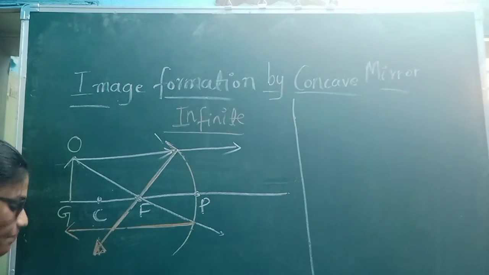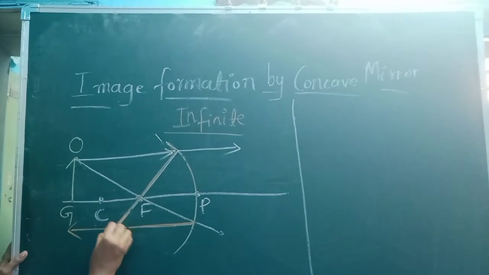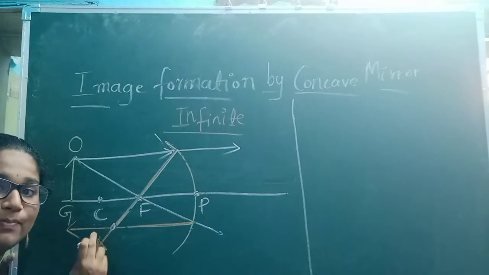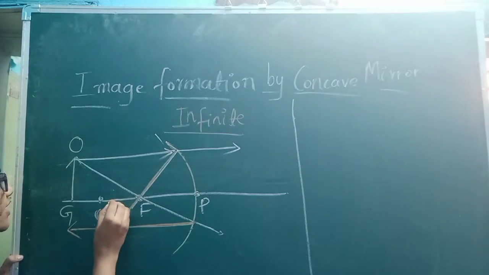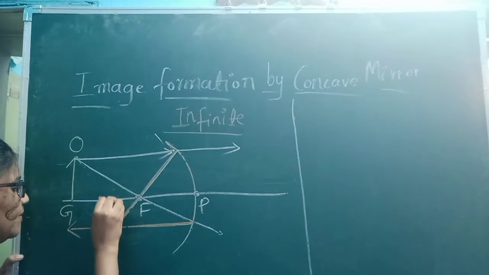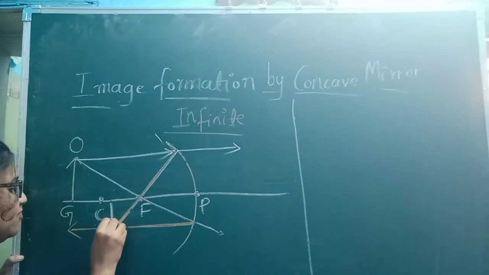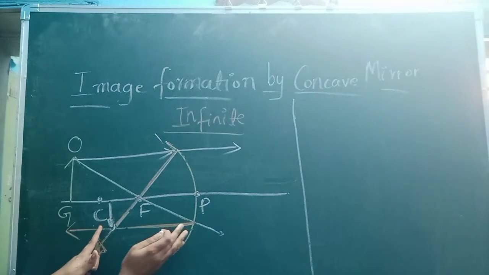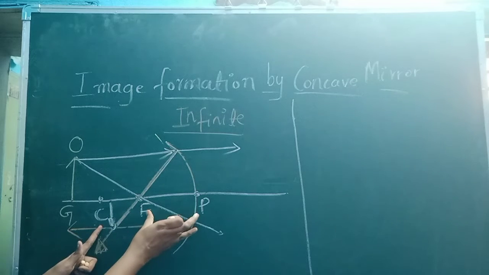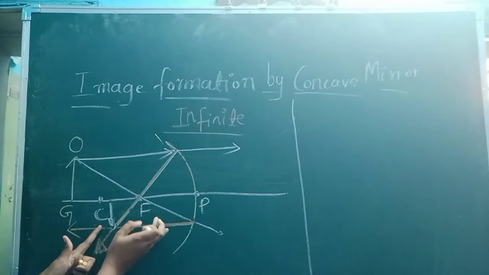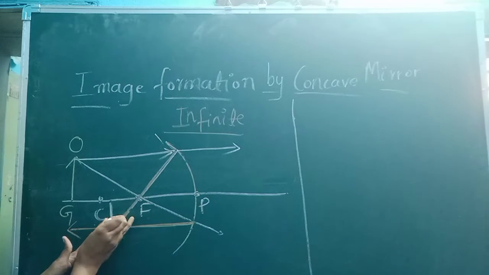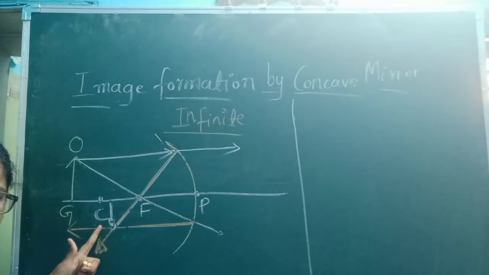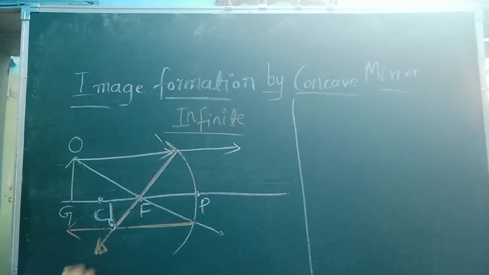Okay, so at this point where the two reflected rays meet, the image will be formed. It is formed at a distance greater than the focal length and lesser than the radius of curvature. Okay, this is the image.